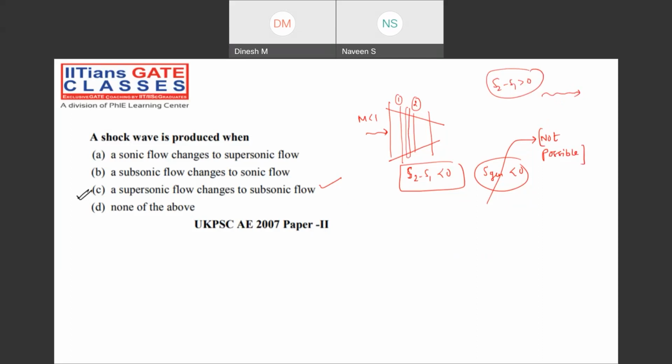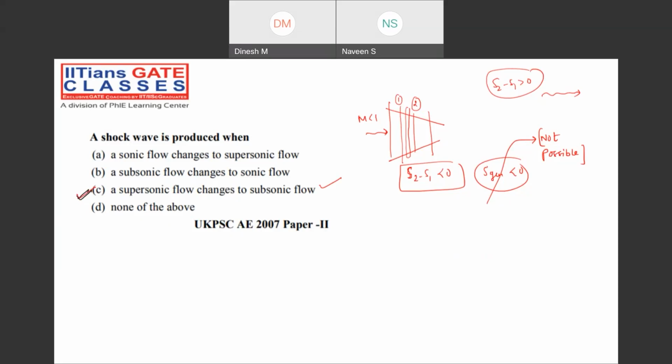Understanding my point or not? Perfect. So it has to be supersonic to subsonic; subsonic to supersonic will never be possible. That's the reason in the converging part, we'll never come across any shock wave.